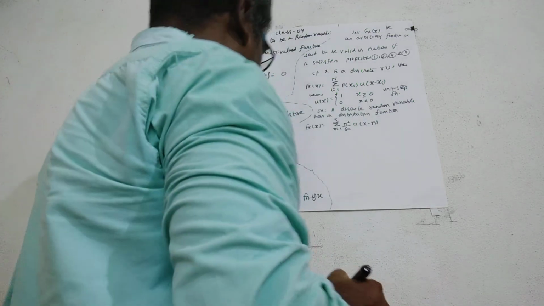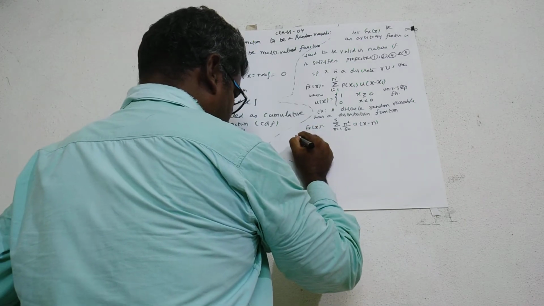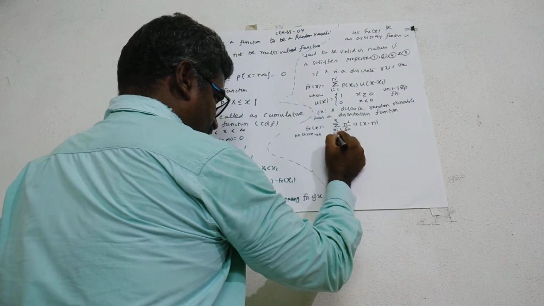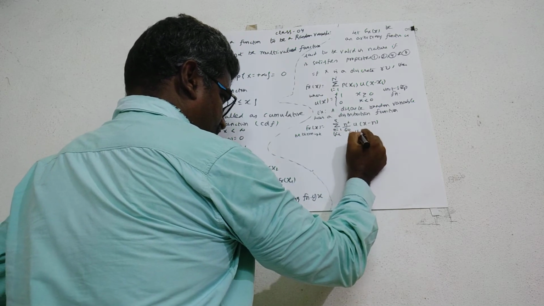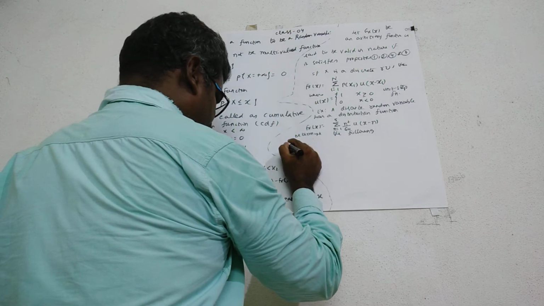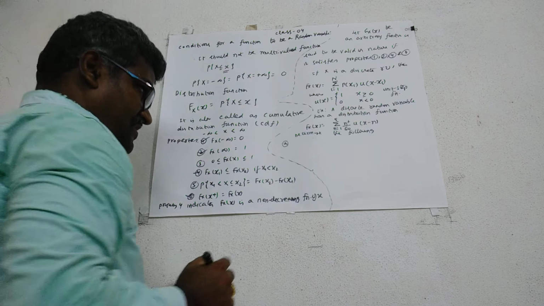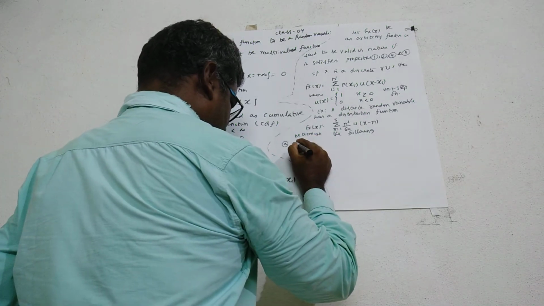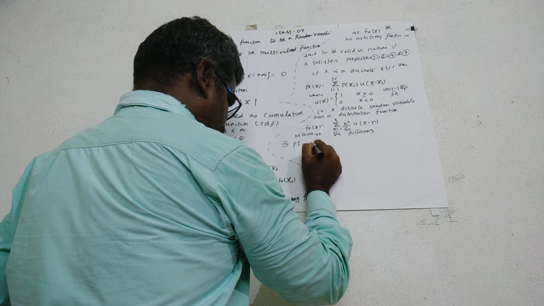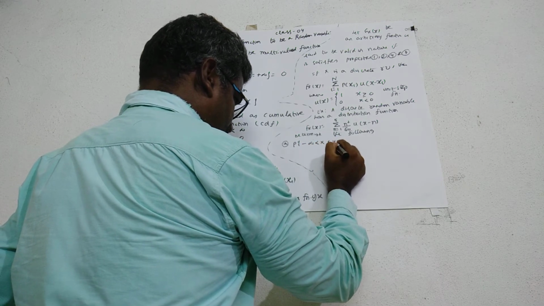Okay, for this we need to determine the following. What is the first one? Say for example A. We need to estimate the probability of minus infinity less than X less than or equal to 4.5.